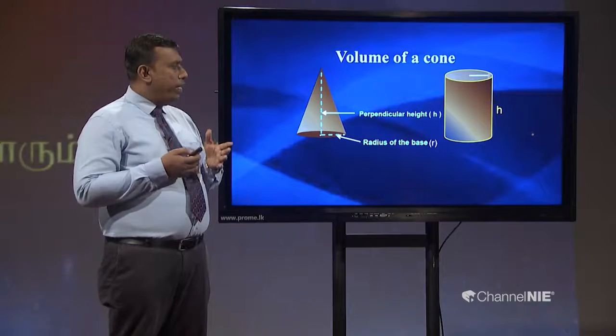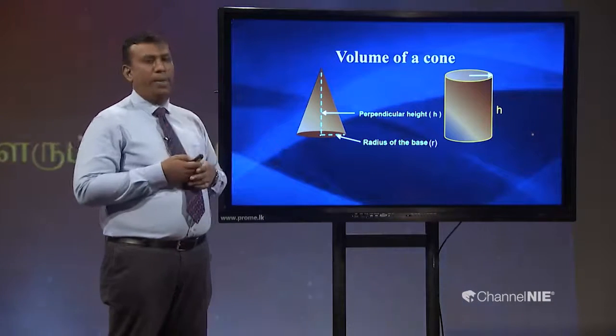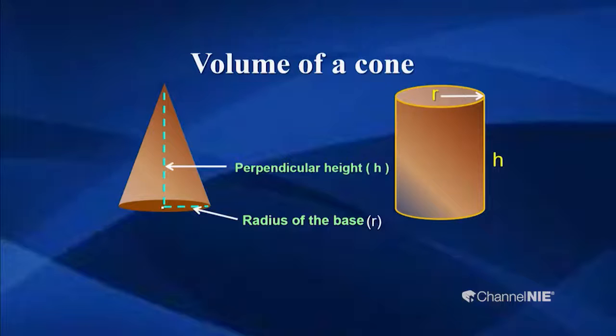Okay, then here also the same method as the pyramid. You can see that r is the radius of the top base of that cylinder, that means the cross-sectional area. Considering the base of the cone and the base of the cylinder, these both should be the same, and the perpendicular height of the cone and the height of the cylinder are also the same.